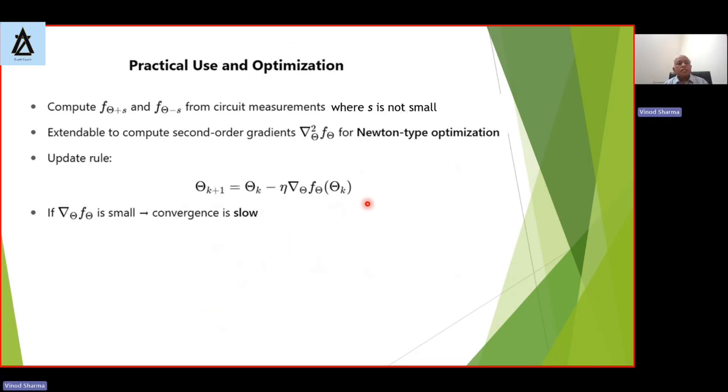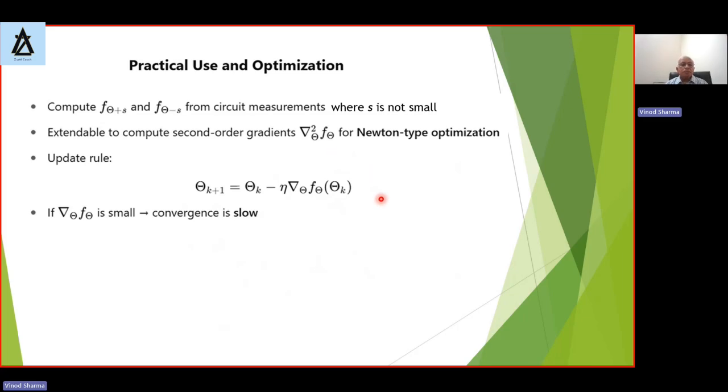We can extend this kind of argument for more complex G theta and also for taking second derivatives, the del squared of f theta, in case instead of gradient descent we are using Newton type optimization algorithms. So that way those problems can also be solved.